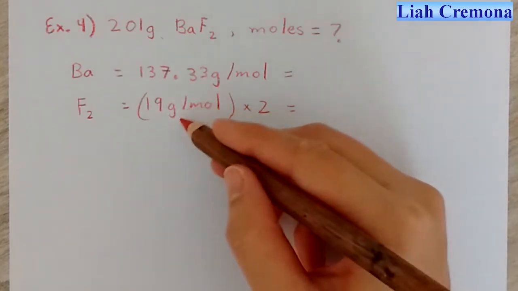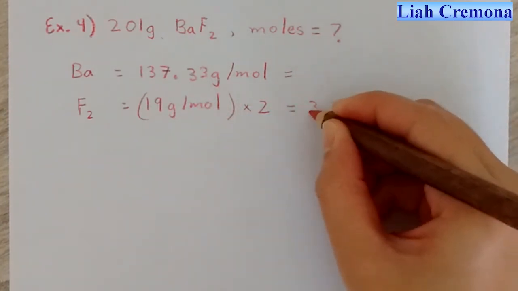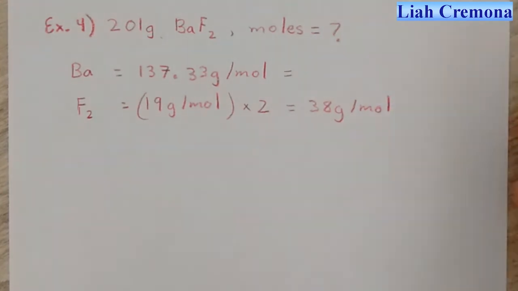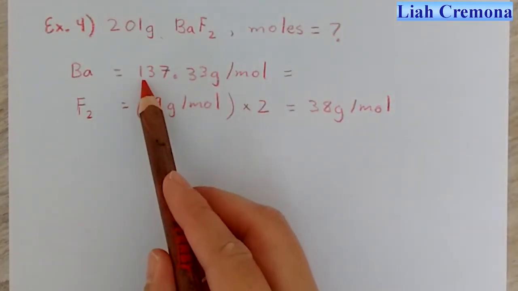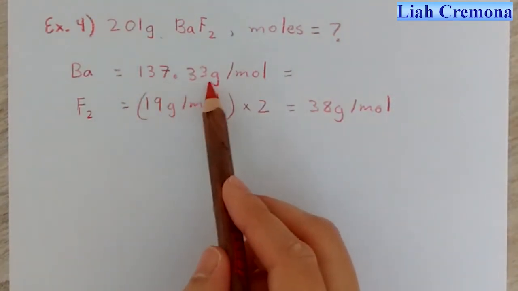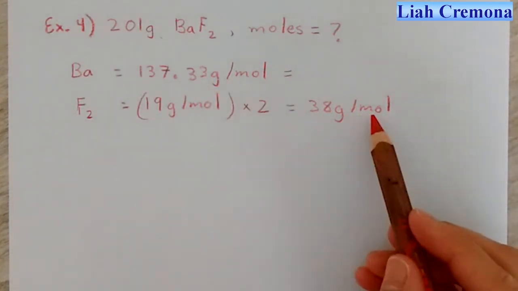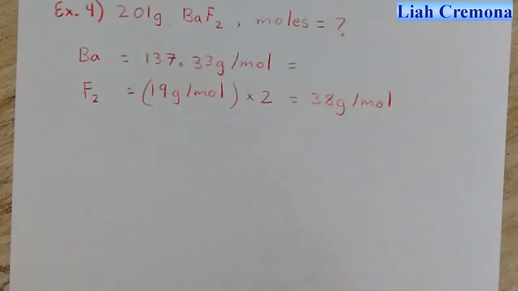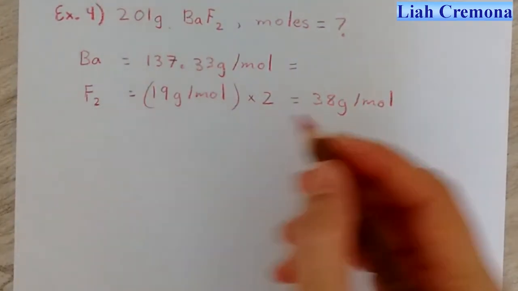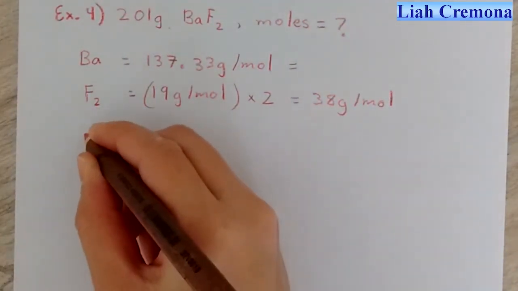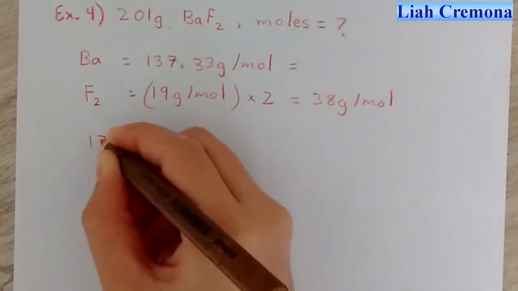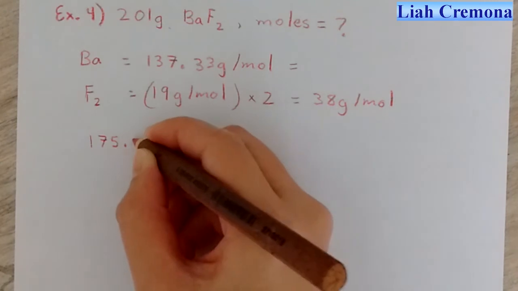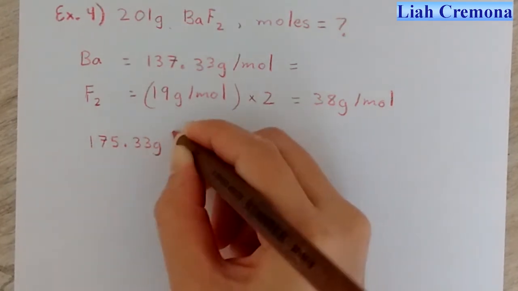Now, 19 times 2 is 38 grams per mole, and we know that we have to add 137.33 plus 38 to yield the molar mass of barium fluoride. The molar mass of barium fluoride is 175.33 grams per mole.